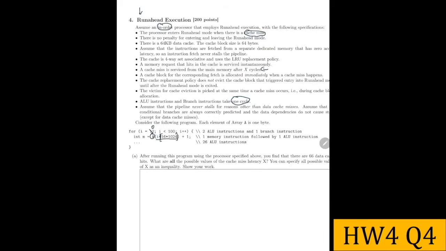As you can imagine, if you multiply 16 by 1024 for different i's, then you end up having the memory location of each cache block going to the same set in the cache.